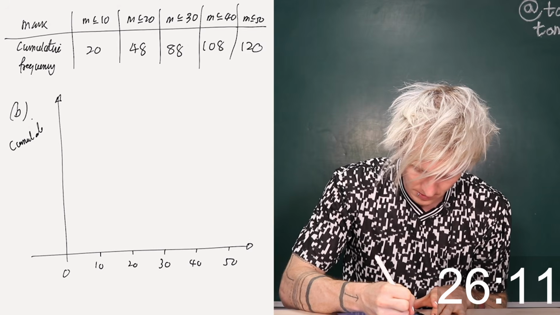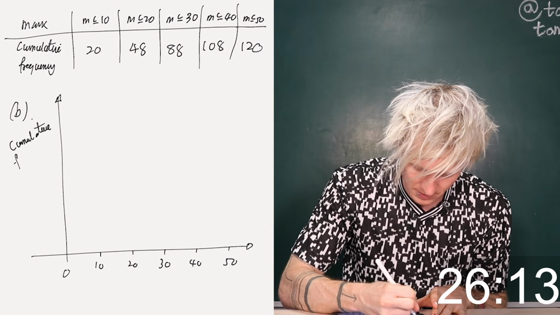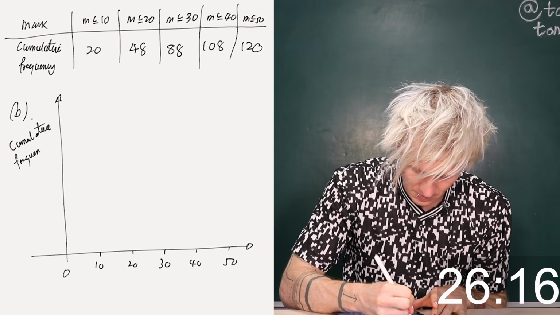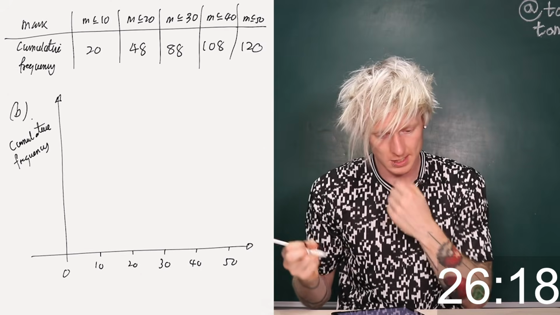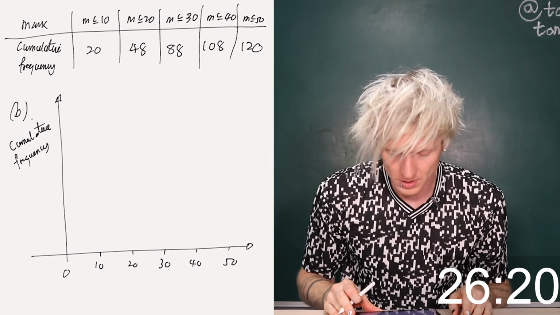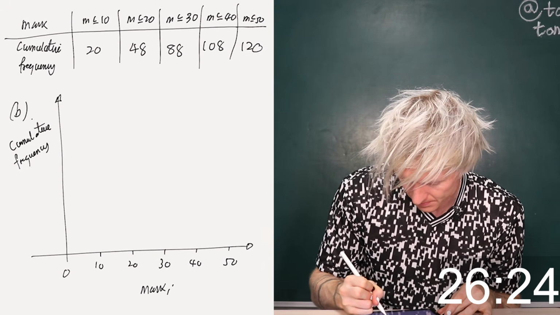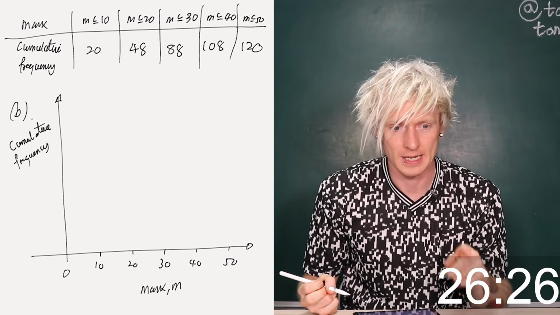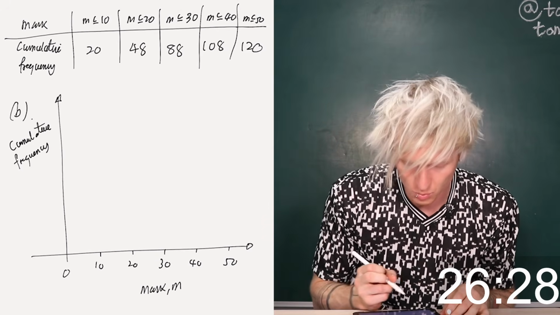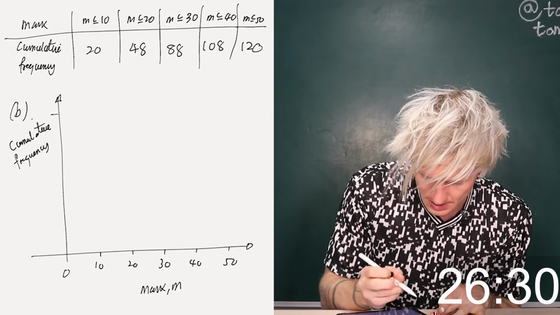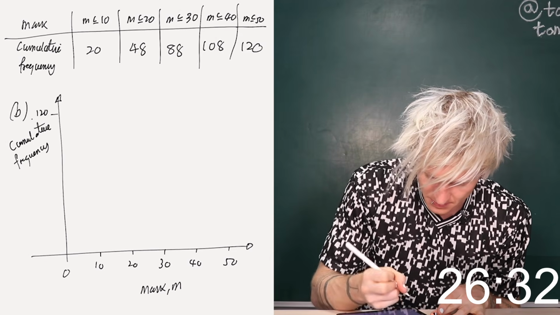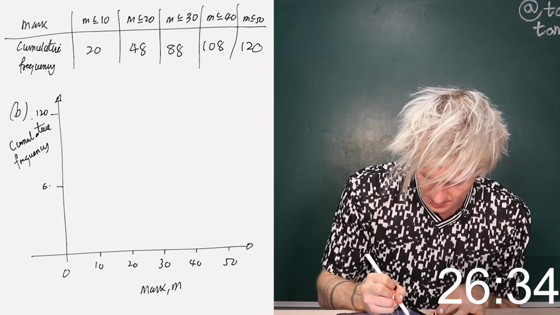Cumulative frequency down the y-axis. And this is mark, M. Right, so at 10, we know that it's 20, and the total is 120. So let's add in some scale. If that's 120, that's going to be 60.